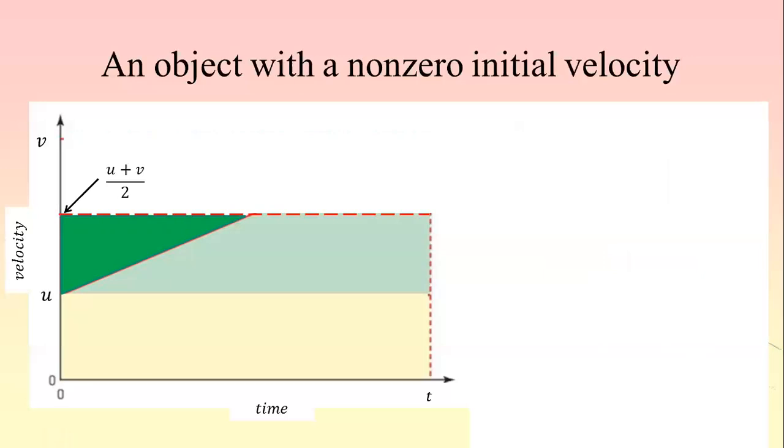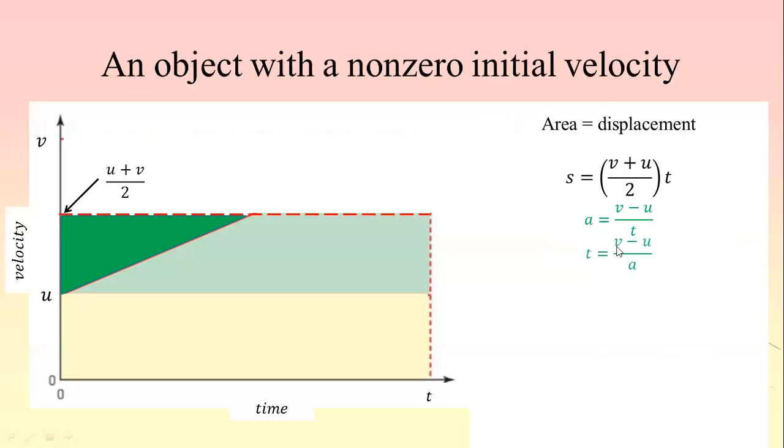Now, to get the last one, we'll make use of this equation and remind ourselves of the acceleration equation, rearranging it and isolating t. We have t is equal to v minus u over a. We then replace t by this expression, giving us this one.